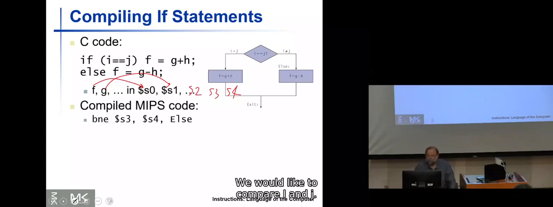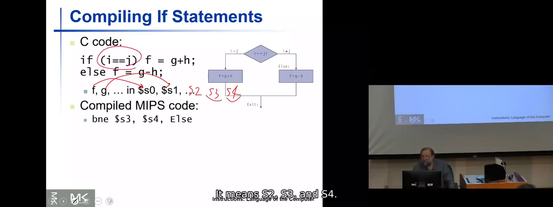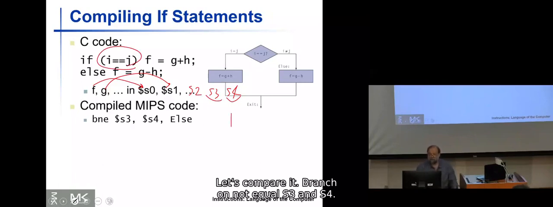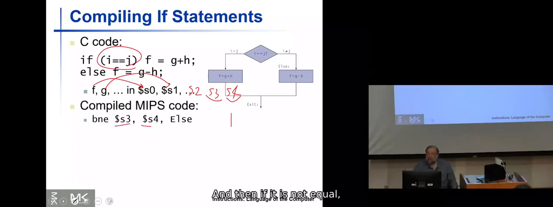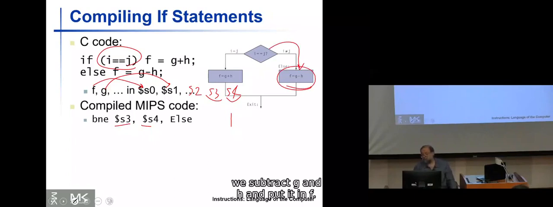What do we want to do? We would like to compare i and j. It means S3 and S4. Okay, let's compare them. Branch not equal, S3 and S4. And then if it is not equal, it should go to some place where we subtract g and h and put it in f.